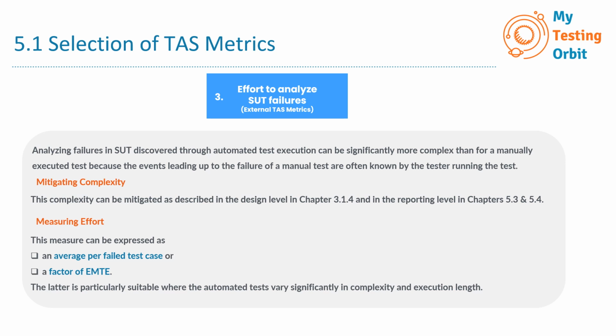But if your automated tests vary a lot in complexity and execution length, then the second option, using EMT as a benchmark, can provide a more meaningful comparison. It helps you understand how much time and effort you are saving by using automation compared to doing things manually. So it's about choosing the right measure that fits your testing scenario.